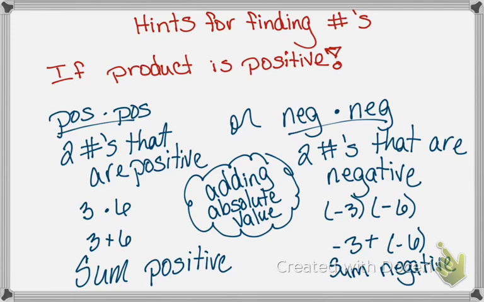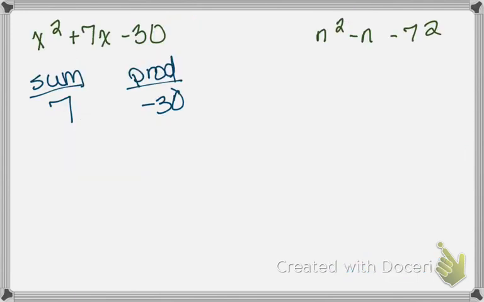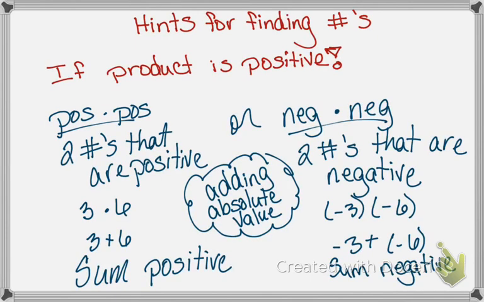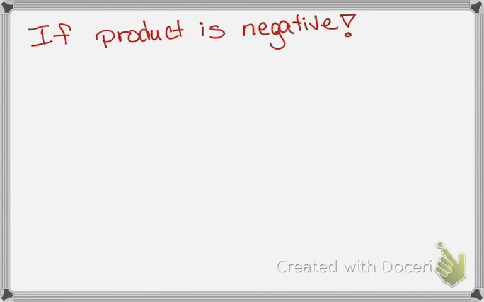Now, look at this. Now we're looking at a negative product. Now I have a negative product. Okay? What is the scenario when I have a negative product? What is the only way for me to get a negative product?